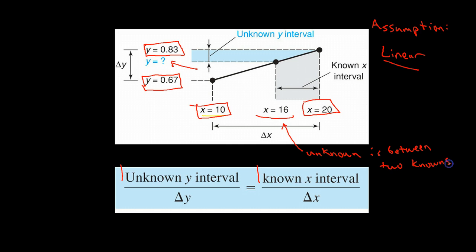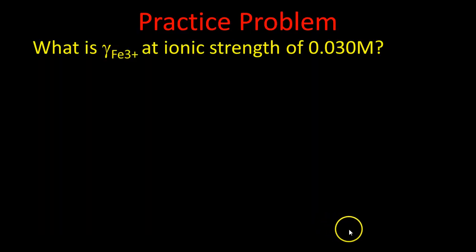Let's run through a quick example. What is the activity of iron 3 plus at an ionic strength of 0.03 molar? One way is to use the equation we showed you before, where you solve for the log of your activity coefficient, but that can be time consuming, particularly if you have to calculate a number of them. A shortcut is to interpolate.